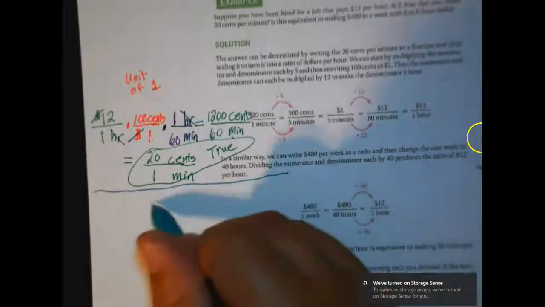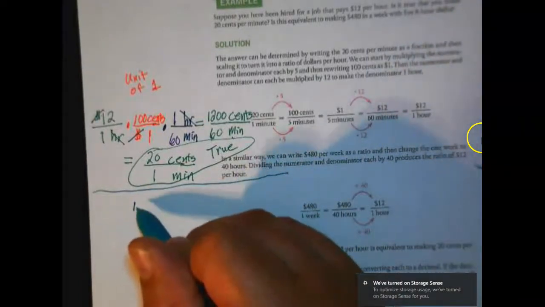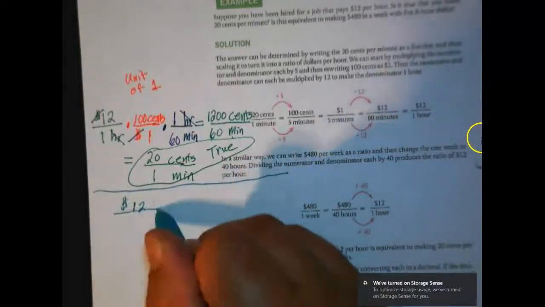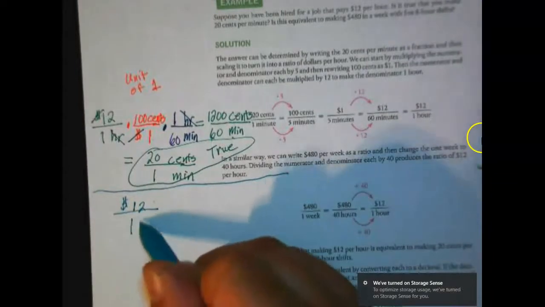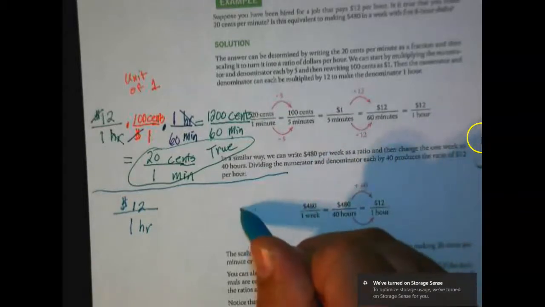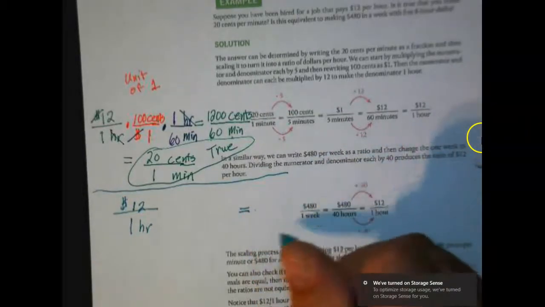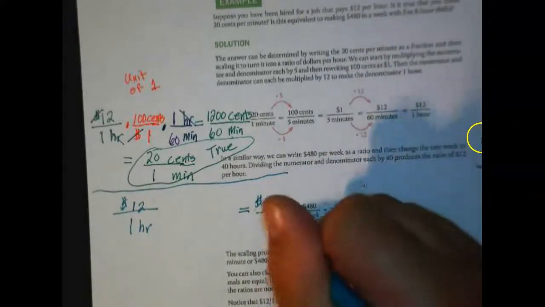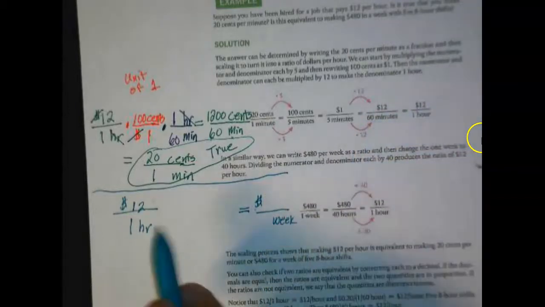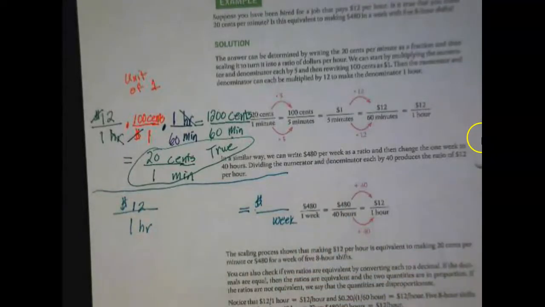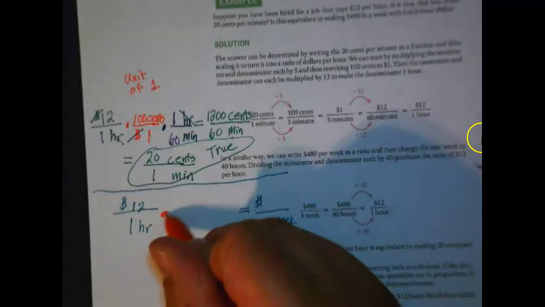Again, I'm going to start out with my $12 per 1 hour. And I want to get to dollars per week. So I don't have to change the dollars, but I do have to change hours to week. Again, I'm going to pick my unit of 1.